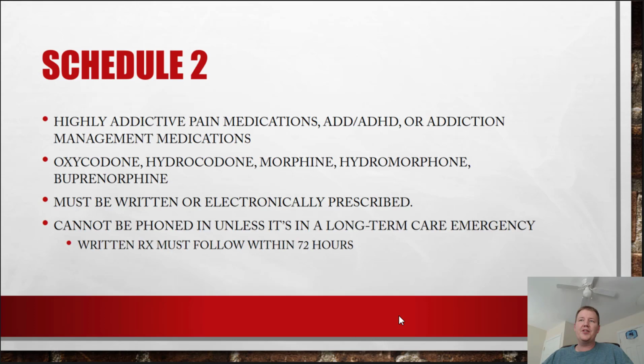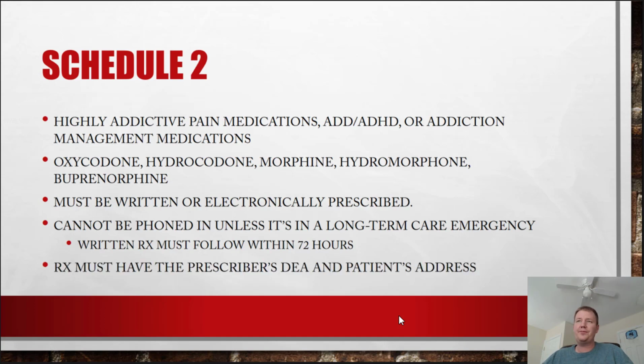In a long-term care setting, they can be phoned and in some states faxed as long as a written prescription follows within 72 hours. The prescription must have the prescriber's DEA and the patient's address written or typed on the prescription itself. That's a requirement from the DEA.